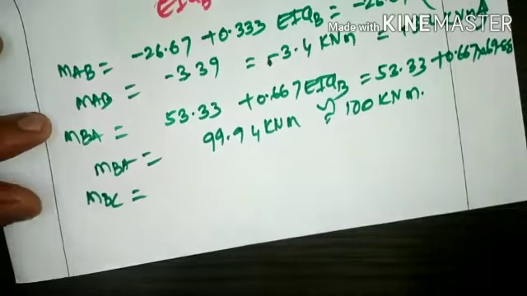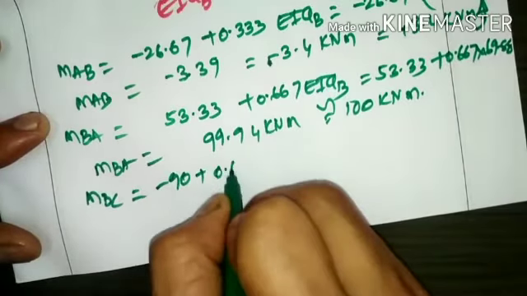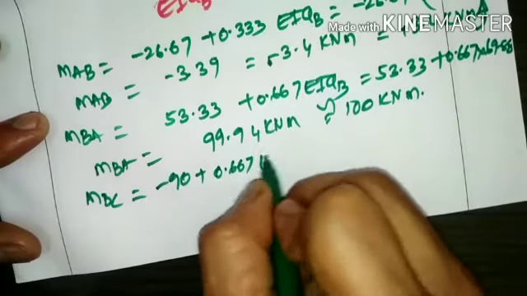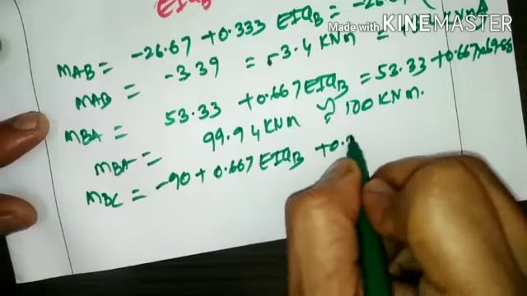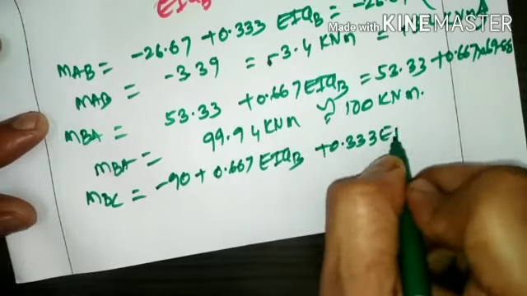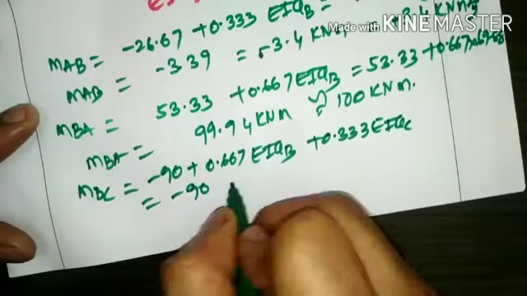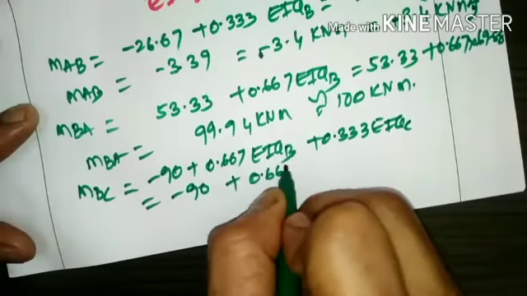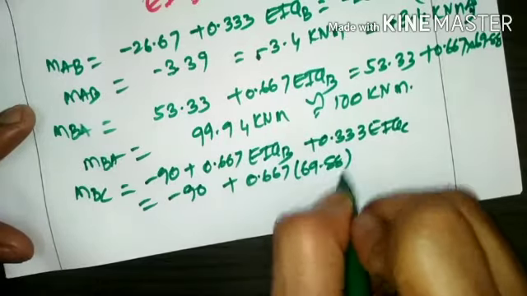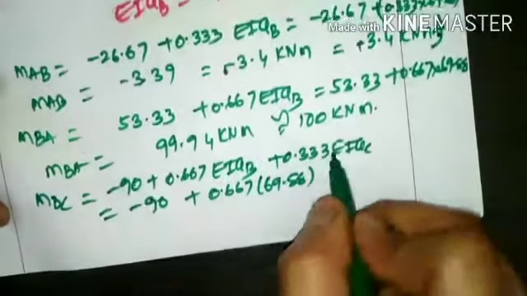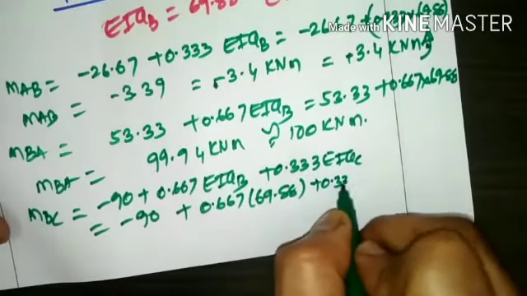So the MBC equation value is minus 90 plus 0.667 EI theta B plus 0.333 EI theta C. Substitute: minus 90 plus 0.667 into 69.88 for EI theta B, and EI theta C is minus 169.82. As mentioned, we need to substitute along with the sign.